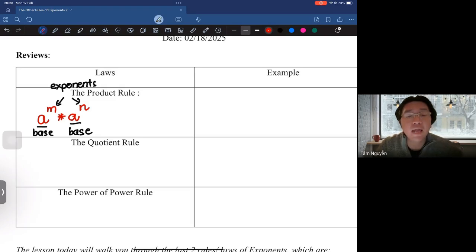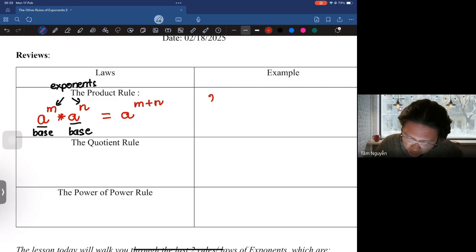All right, and now going back to the rule. What does it say? It says that if you multiply two exponents with the same base, you simply keep the base and add the exponents together. So let's give an example.